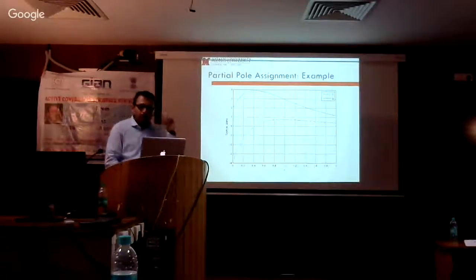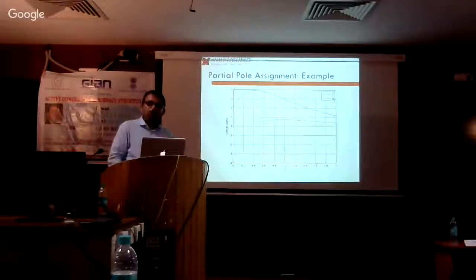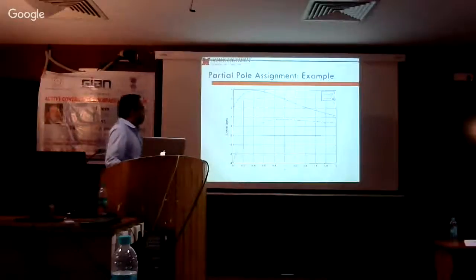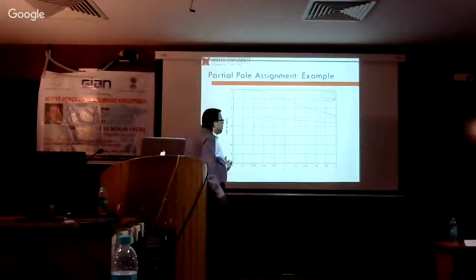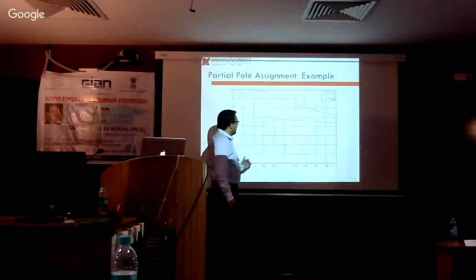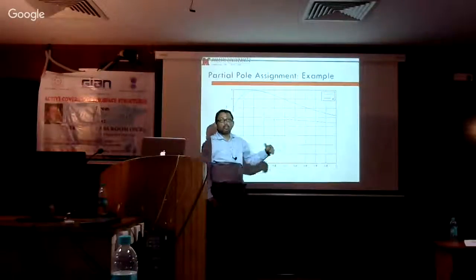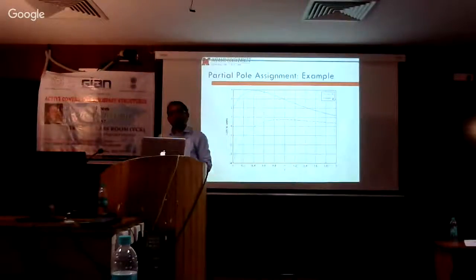Then we can look at various aspects of it, and this is something important. Even if you look in the literature, the basic idea is, can you exploit time delay to minimize the controller gain? What I'm showing you is that for this particular case, for different time delays, you have a lot of variation in controller gains.